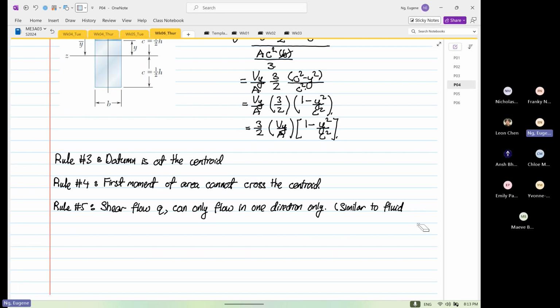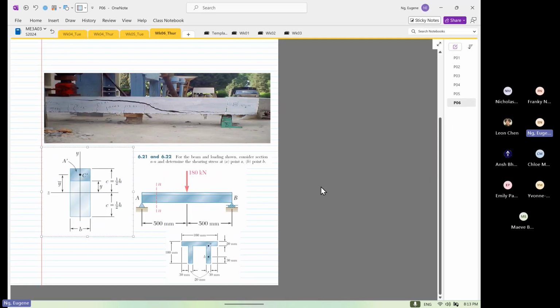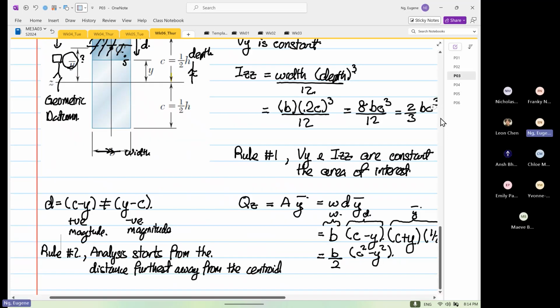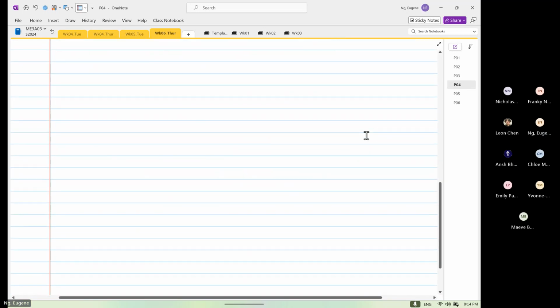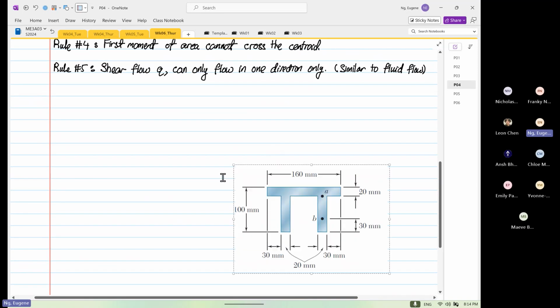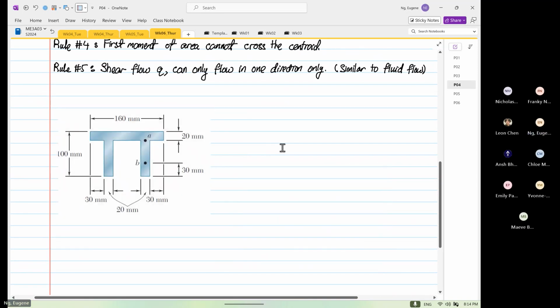Okay, now what I'm going to do next is focus on how to determine the first moment of area. I'm going to elaborate again. We are going to determine how to find the first moment of area. So I'm going to focus on this cross section over here first. So this is our example.